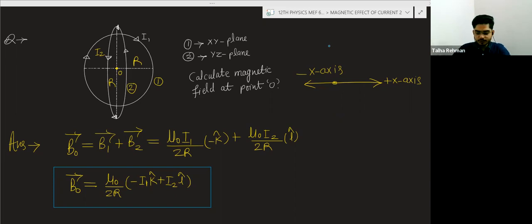So accordingly, we should know the rules, the right hand rule. Just copy this. And when completed, please tell me.